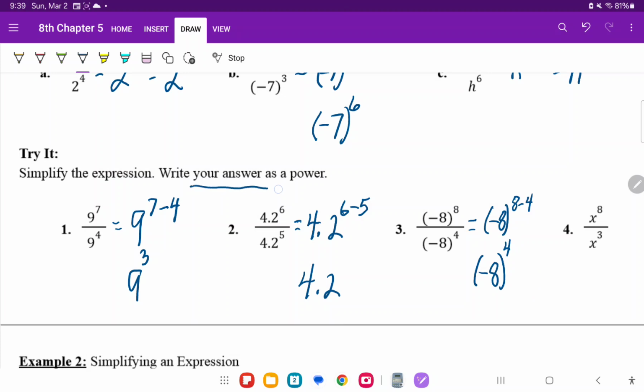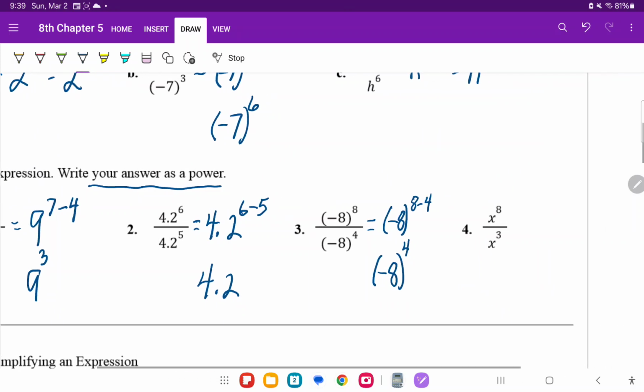Notice this says write your answer as a power. We'll do something different in a minute. And then on the last one, it's x to the 8 minus 3. So that is x to the 5th. Okay, great job.